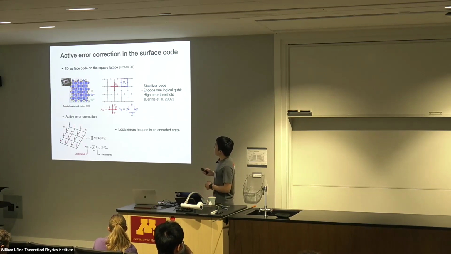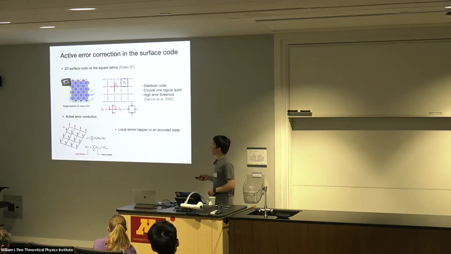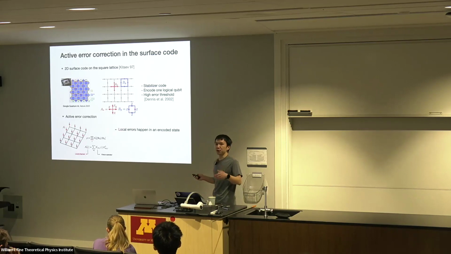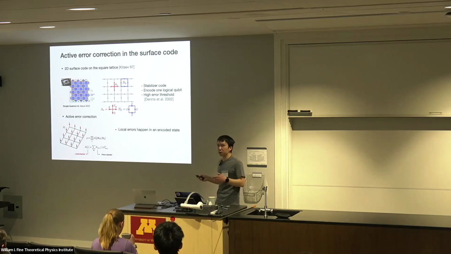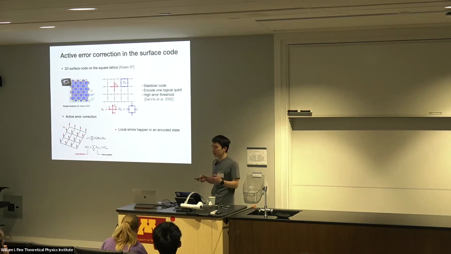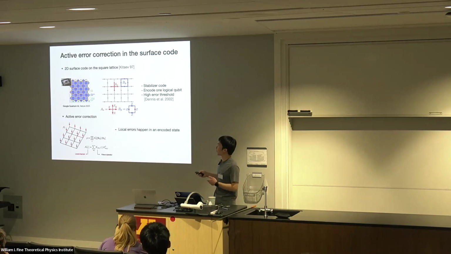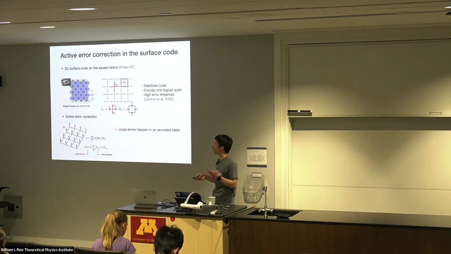Before we move on, let me briefly recap the active error correction scheme people use in order to retain the quantum information in the Toric code. If you encode quantum information in the Toric code, due to the coupling with the environment, some local error can happen in the encoded state. The local errors are most generically described by a local quantum channel.